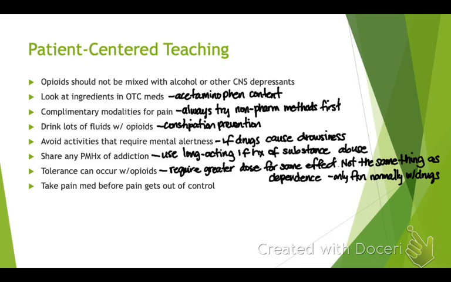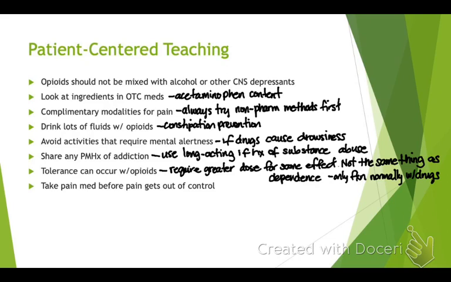You want to know their tolerance, that tolerance can occur with opioid use. So you want to make sure that patients know if morphine or morphine-like drugs are used, that there is a potential for addiction.